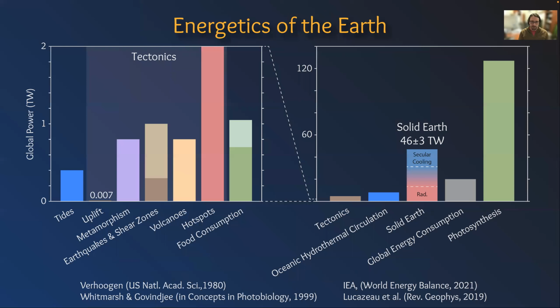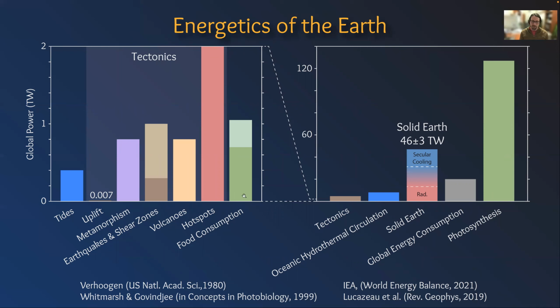Now, in terms of 47 terawatts, how big is that number? It sounds like a really big number. That's 47 times 10 to the 12 watts. But if we put that in perspective and compare it to a number of tectonic processes, many tectonic processes are only about 1 to 2 terawatts. The Earth's tides generate a heating effect on the solid Earth, but only about 4.4 terawatts.